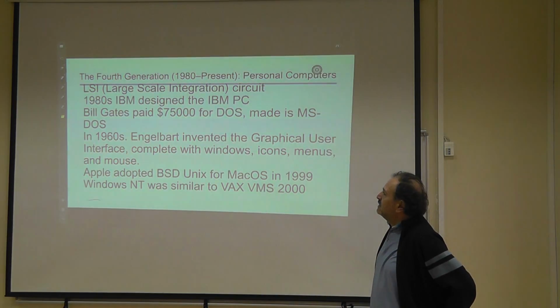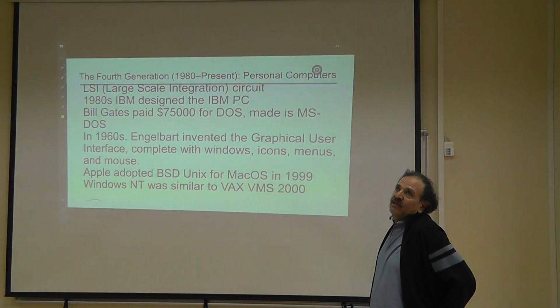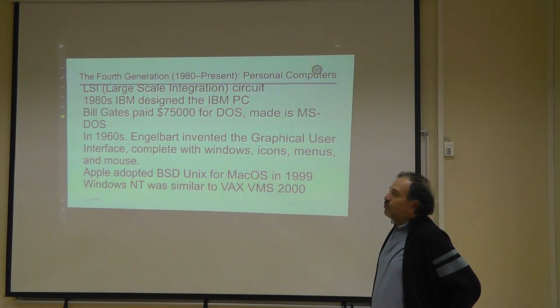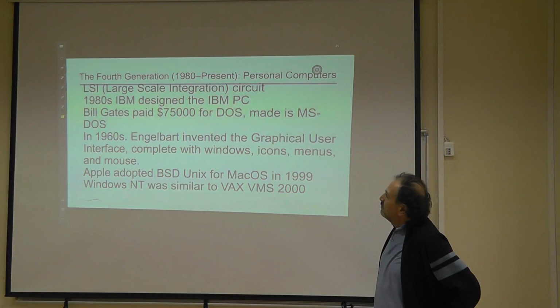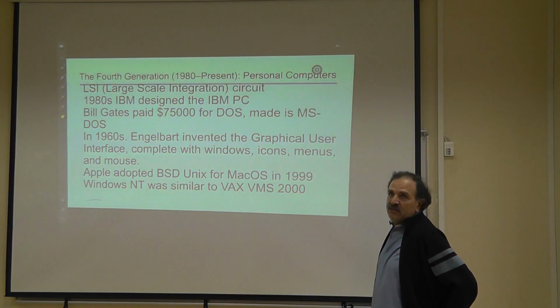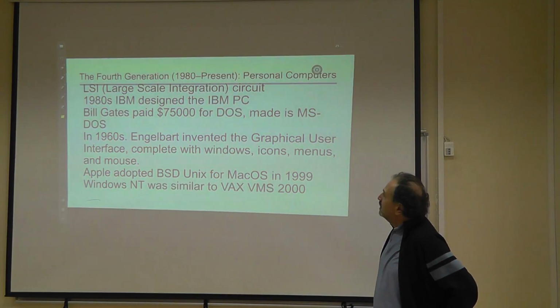But Bill Gates didn't have an operating system. He had an interpreter, a basic programming language interpreter for this kind of computers. He didn't have an operating system, but he bought another operating system, disk operating system from somebody else, and he sold it to IBM. So he made the fortune after it.